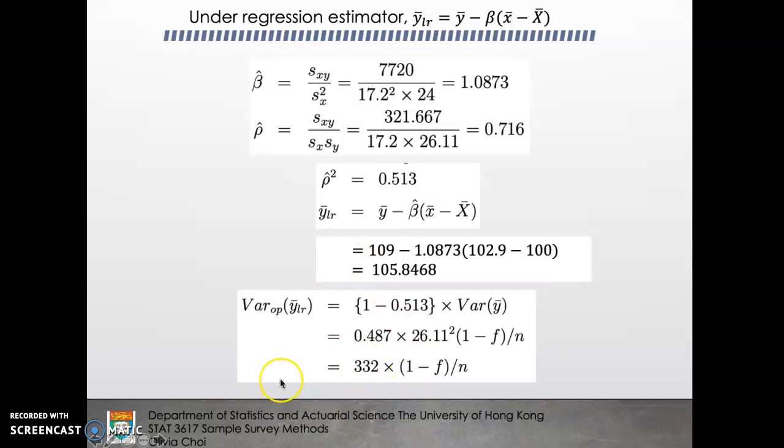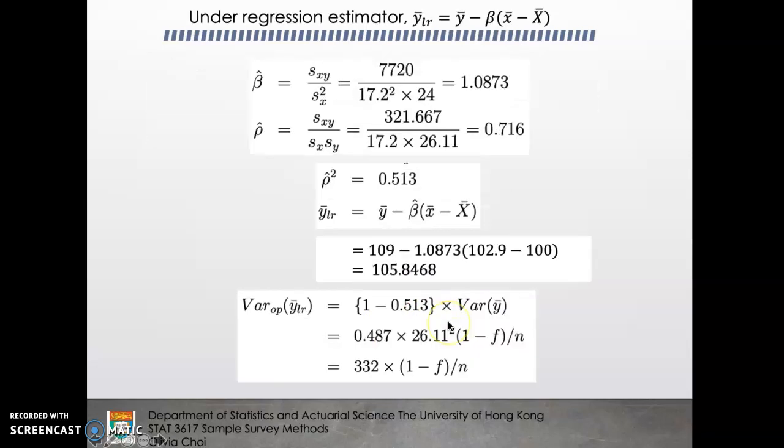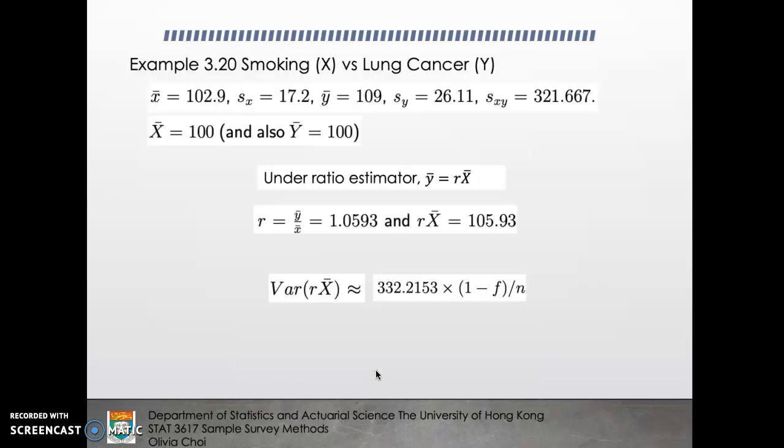Okay, so the optimal variance from the linear regression is about 332, and the ratio is about 332.2153. So apparently the linear regression estimated variance is slightly smaller than the variance from the ratio estimator.